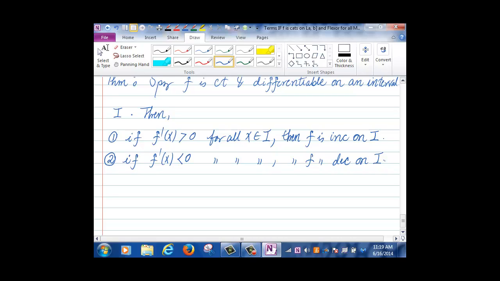If the derivative is negative on an interval, then the function is decreasing on that interval.